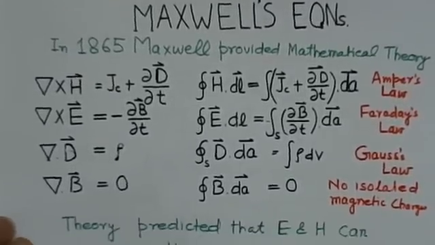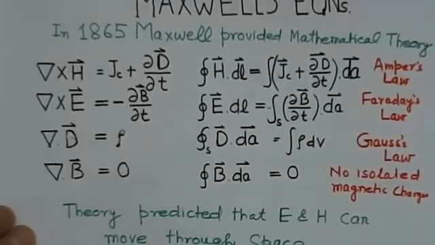The other part of this theory, which is predicted by Maxwell, is that the electric and magnetic fields can also move through space, maybe free space, maybe a dielectric medium or any other medium, by his field equations.